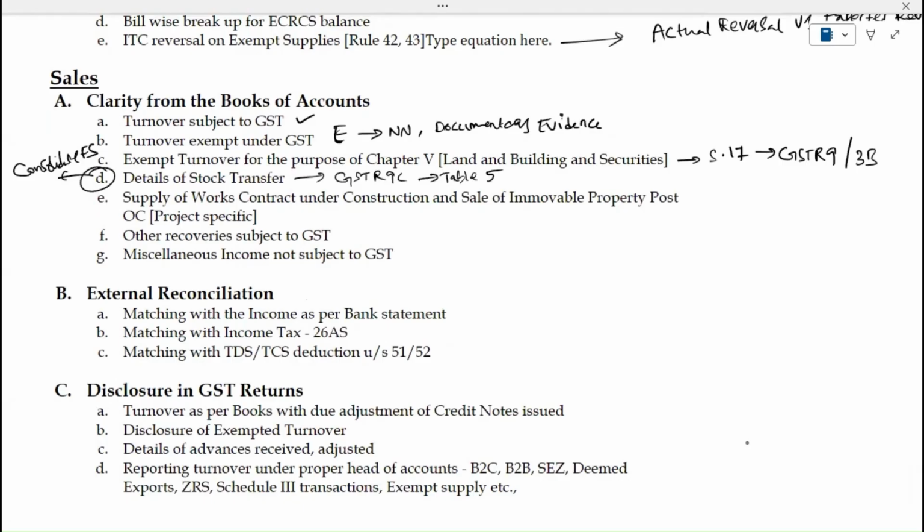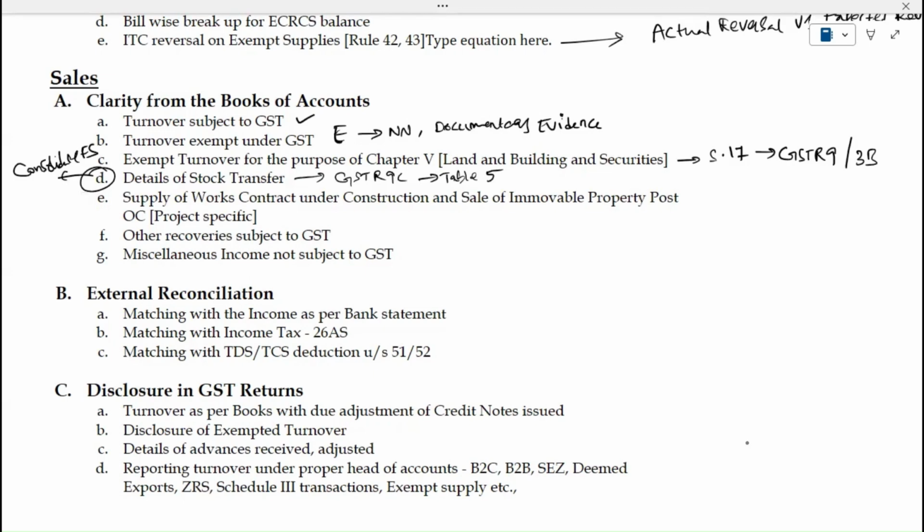So I need to have a chart of accounts, where one side is expense and one side is income. Both get knocked off in the trial balance, so in financial statements I will not have it. When I file 9C in table 5, I find my stock transfer item.